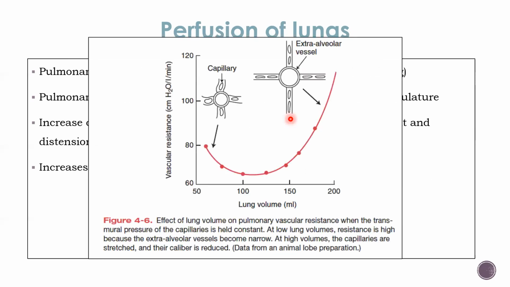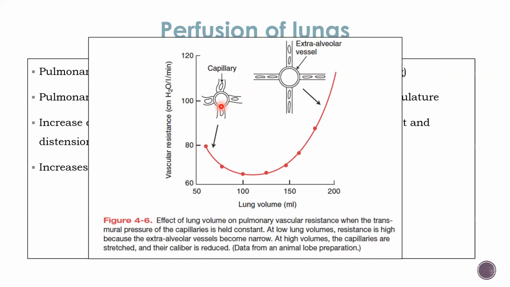If you want to know why pulmonary vascular resistance is high at higher lung volumes or lower volumes, there is something called intra-alveolar capillaries and something called extra-alveolar capillaries. If the lung is collapsed, the intra-alveolar capillaries will also be collapsed, so your PVR, pulmonary vascular resistance, will be high.